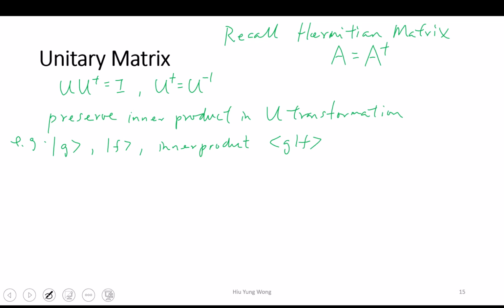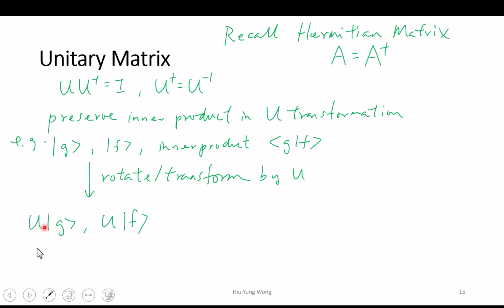Now, what if I rotate the system or transform the system? Let's say I rotate them together by U. Then this becomes U of G and U of F. So this can be a NOT gate or a Hadamard gate. I apply it, then I rotate them.